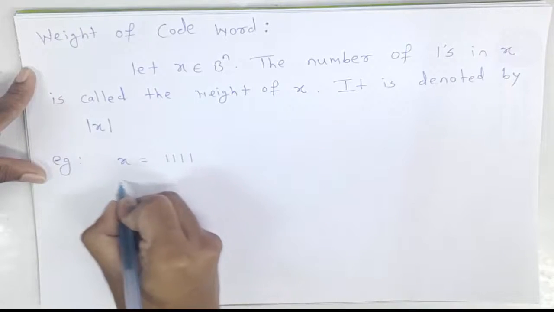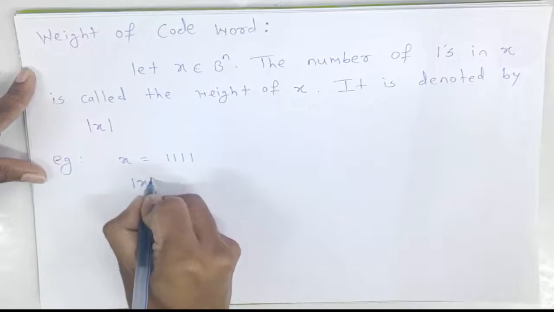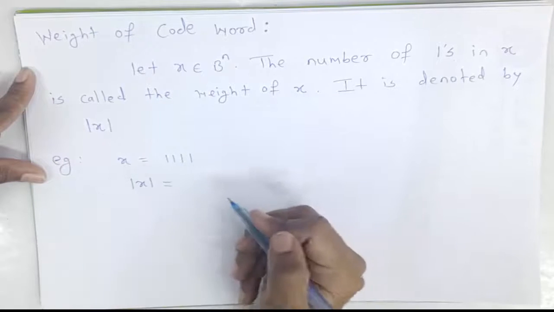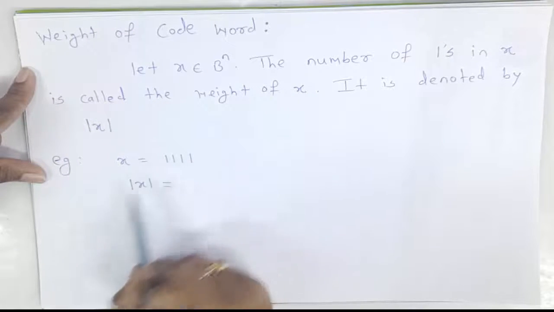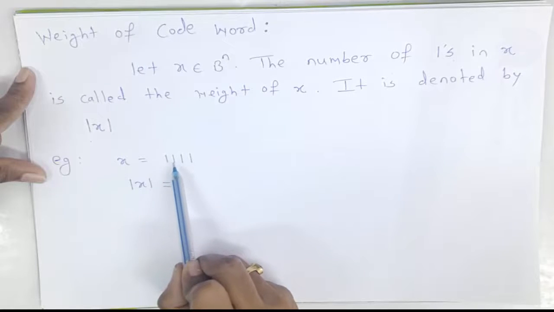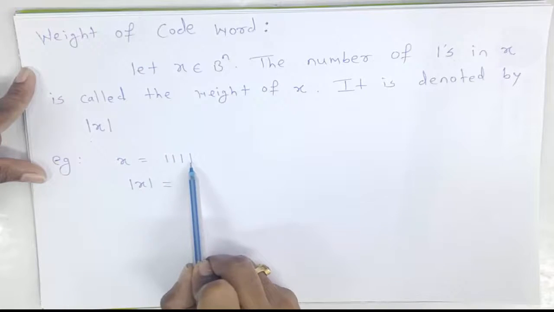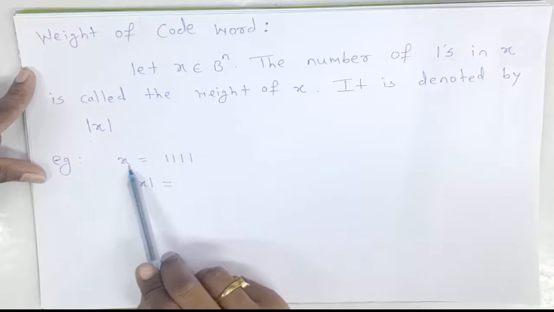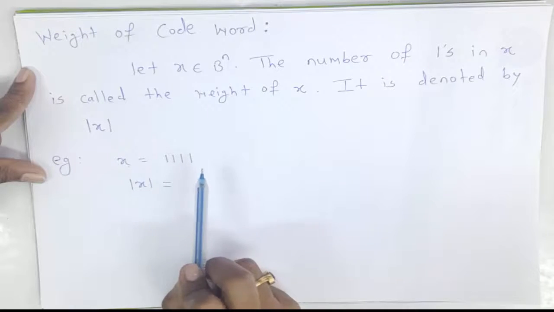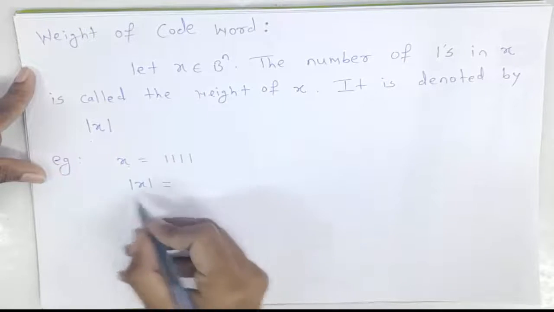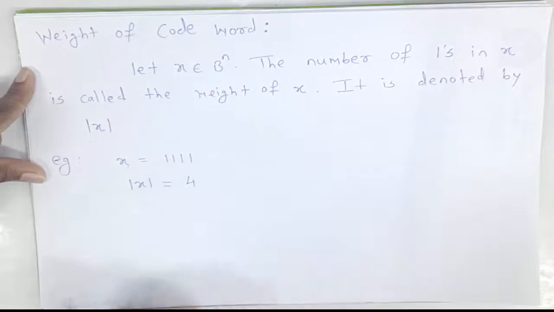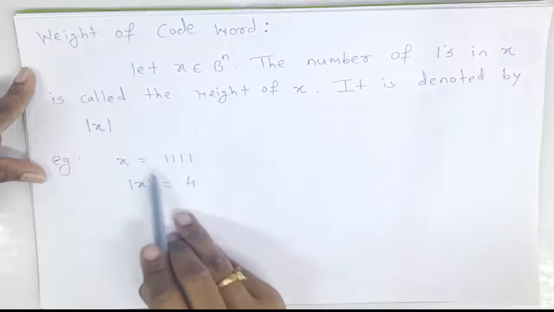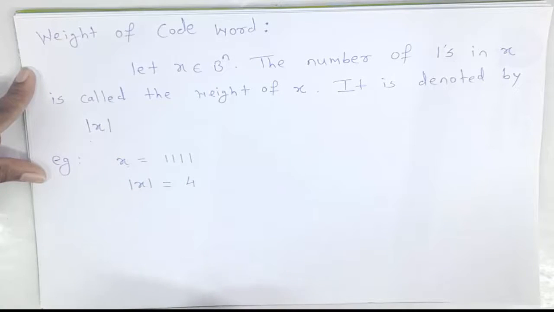So weight of x is equal to, count how many ones: 1, 2, 3 and 4. So in this word there are 4 ones, so the weight of this code word is 4.